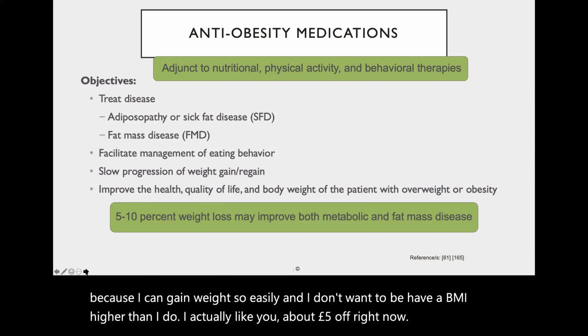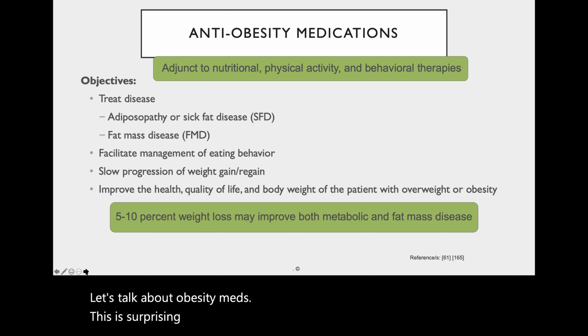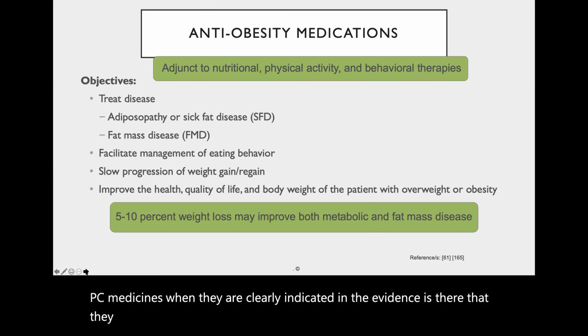Let's talk about obesity meds. This is surprising to me. Providers are really, really reluctant to use obesity medicines when they are clearly indicated and the evidence is there that they can help. Yet people restrict this option from their patients.